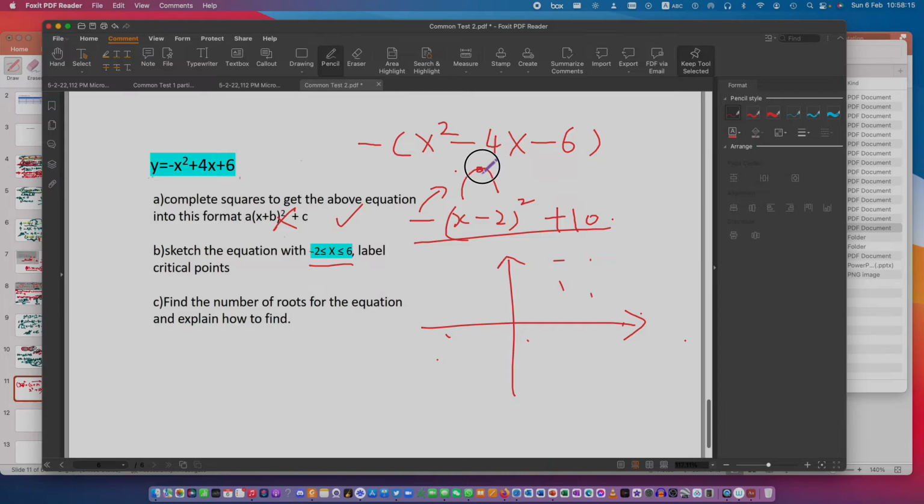So basically what point is this? Maximum. What's the maximum point here? Then you have to ask what's the maximum value of this? What's the max value you can get out of this?